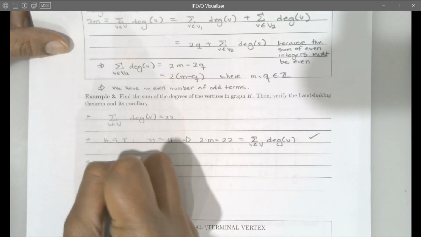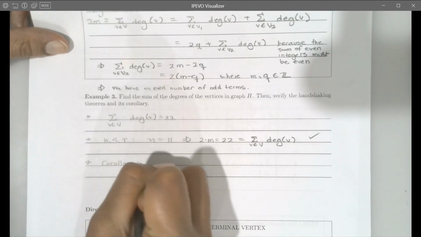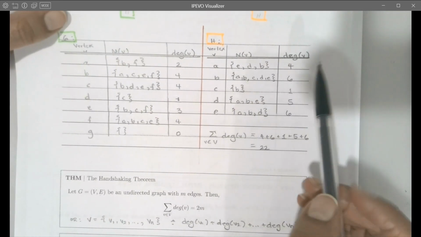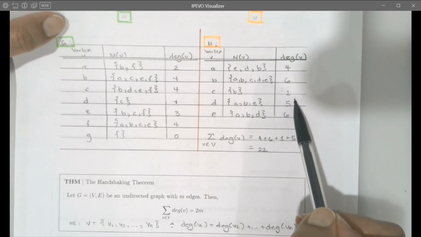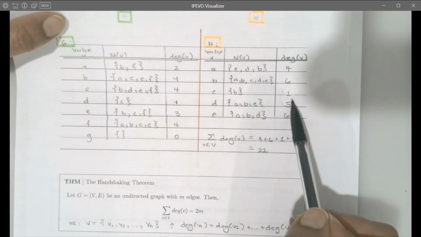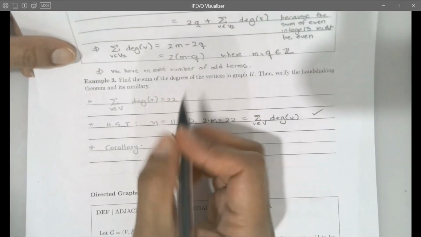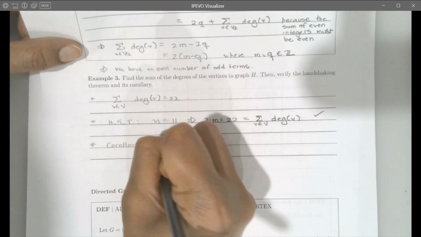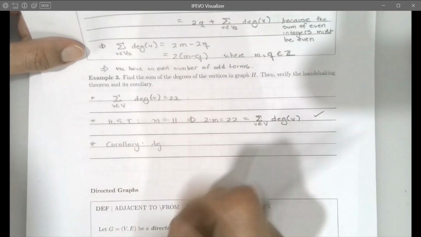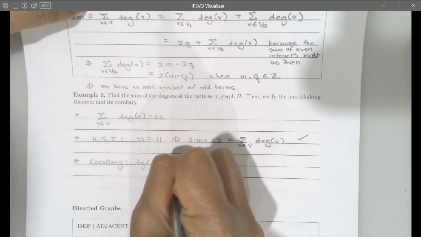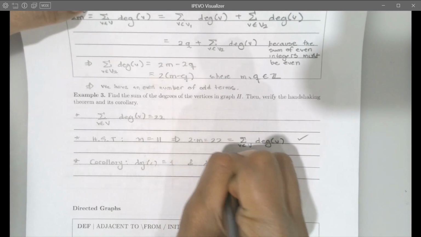Now, as far as the corollary is concerned, the corollary says we should have an even number of vertices with odd degree. So again, if we take a look at the degrees here, there are only 2 nodes that have an odd degree, C and D, and that is an even number of vertices. So I'll write this as degree of C was 1, and degree of D was 5.